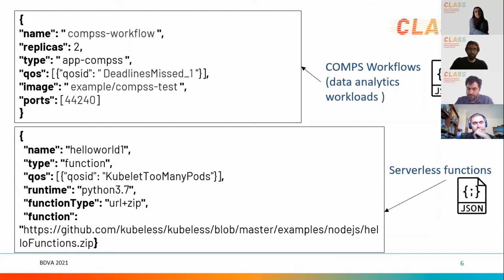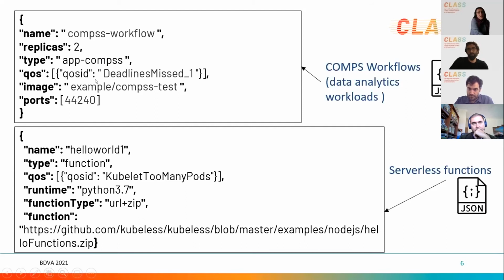So it's a very simple JSON file. It has the number of replicas. The number of replicas is the concept of number of workers, as was explained by Eli in the previous presentation.